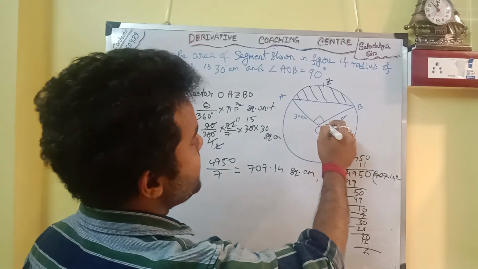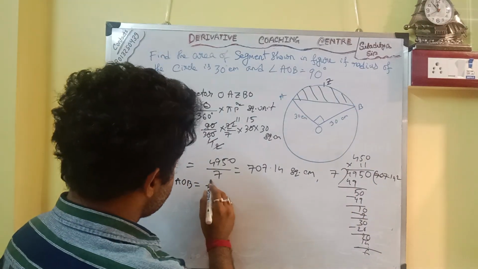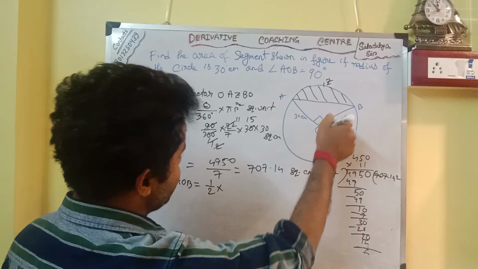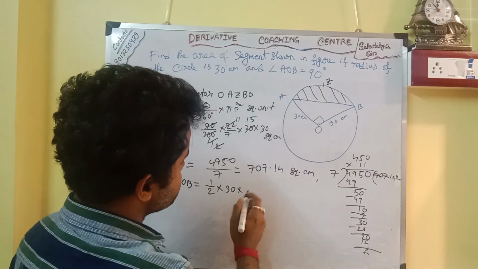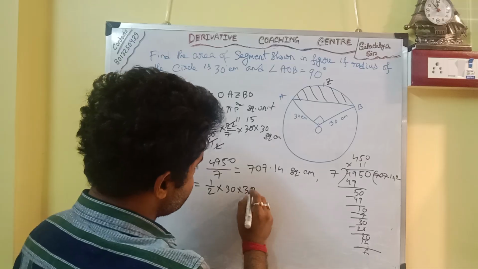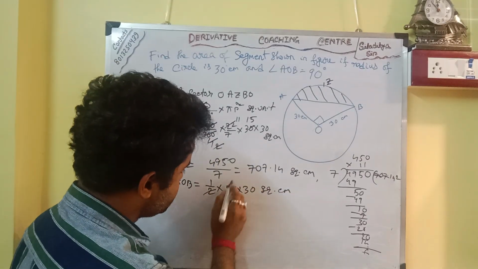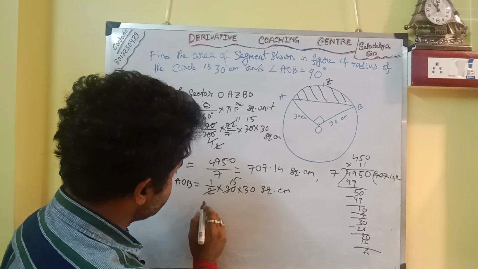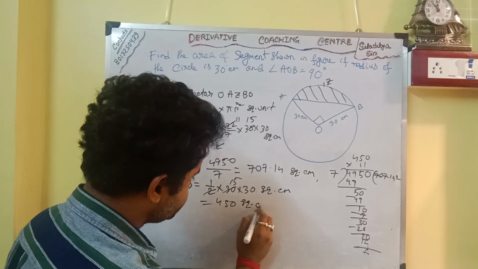As it is 90 degrees, this is the base and this is the height. So put the value: half into base, the base is the radius of the circle, that is 30, and the height is the same radius, 30, in square centimeter. So we get 15 into 30, that is 450 square centimeter.